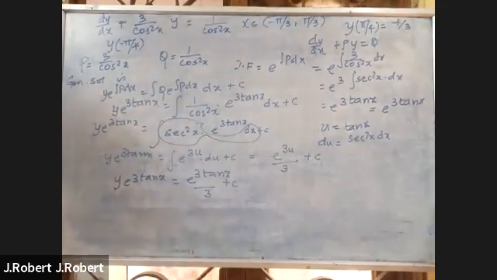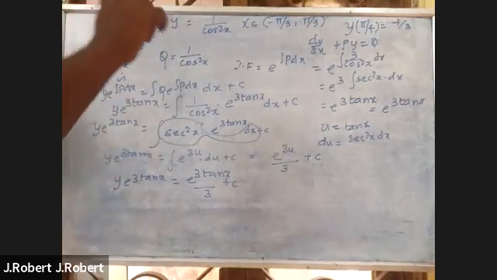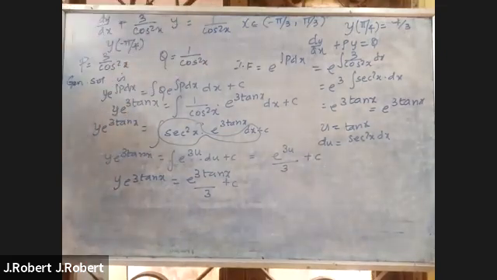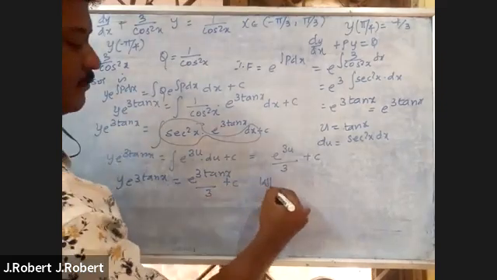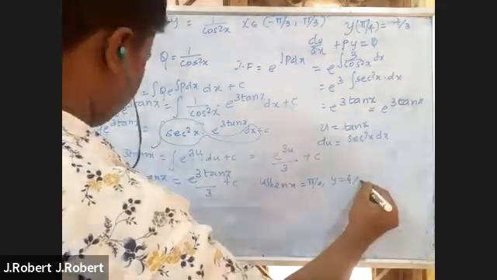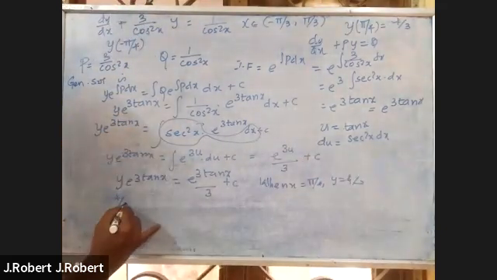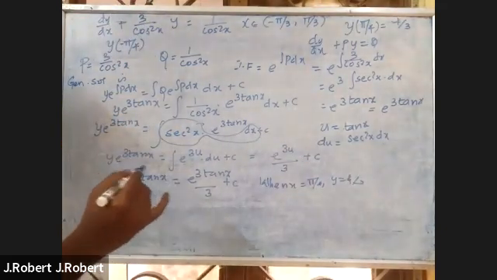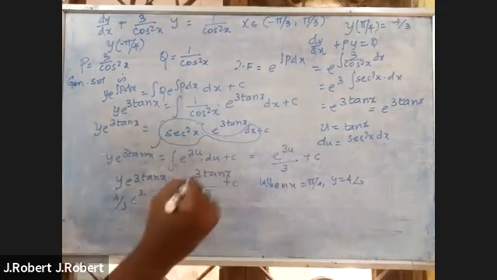So this problem is over. My question is y of pi by 4 equals 4 by 3, which means that when x equals pi by 4, y equals 4 by 3. So I can write this as 4 by 3 e power 3 tan x, with x equal to pi by 4.